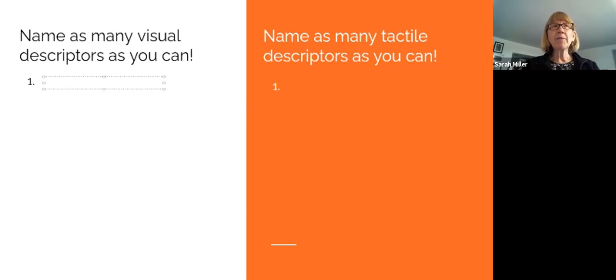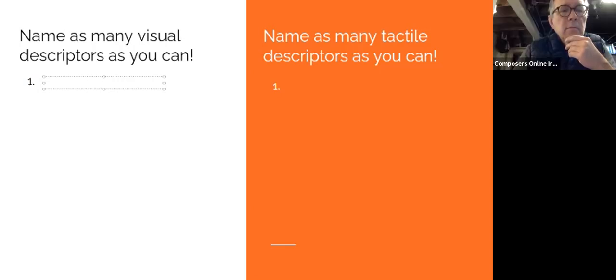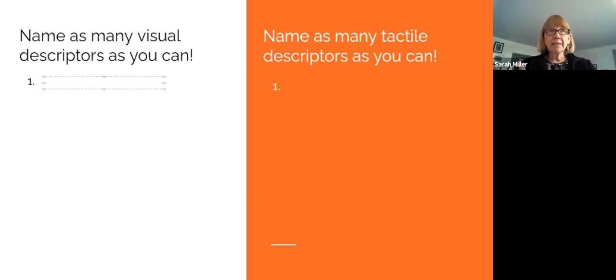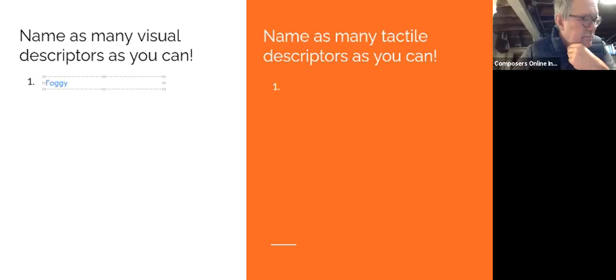I'm talking about visual as in something you see, not on the page. We're not talking about the artifact of music. But we're talking about visual descriptors such as foggy. I'll put that one in just to get people started.